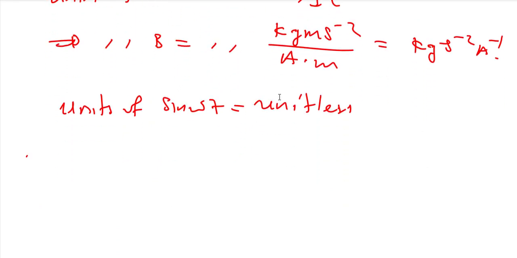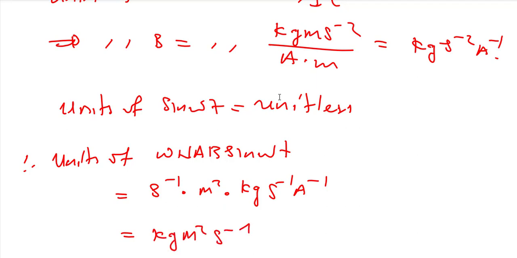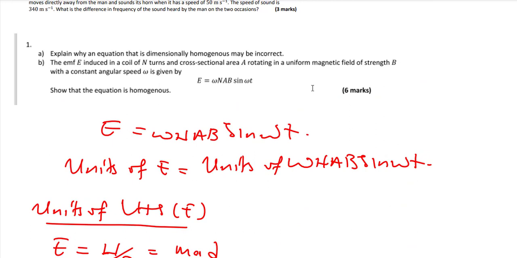So the units of omega NAB sine omega t will be the unit of omega, per second, times the unit of N, 1, unit of A, meter squared, unit of B, kilogram per second squared per ampere, unit of sine omega t, nothing. This will give kilogram meter squared per second squared per ampere. So we verify with the units of the left hand side. There we have per second cubed. Where do we omit something?